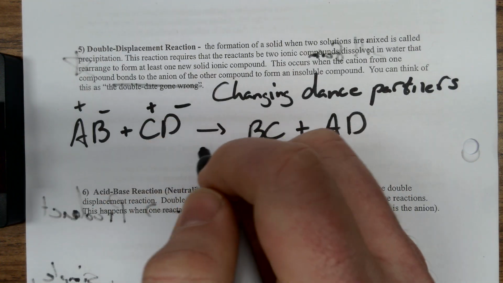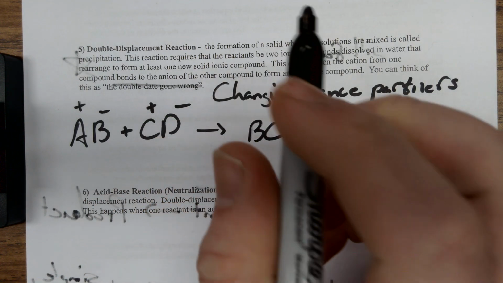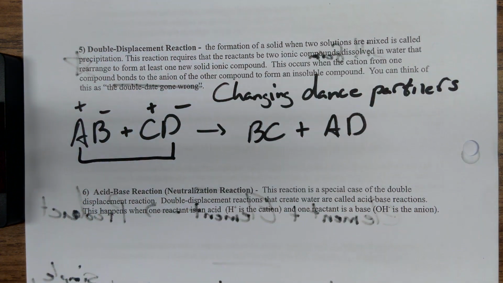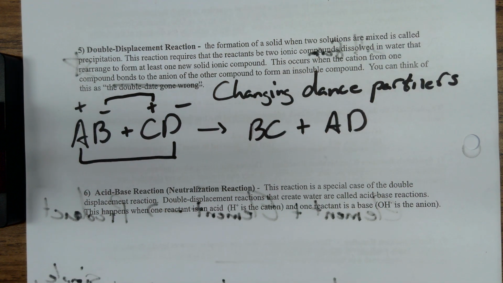A and B, C and D went together to prom with each other. At some point, A and D are going to start dancing with each other. At some point, B and C are going to start dancing with each other. Now, A and C will not go dancing with each other because they're both positively charged.